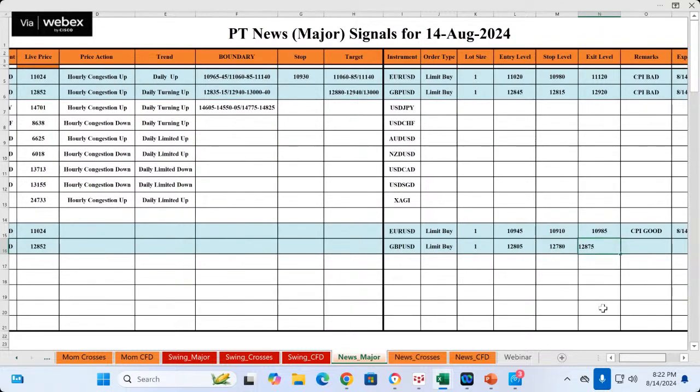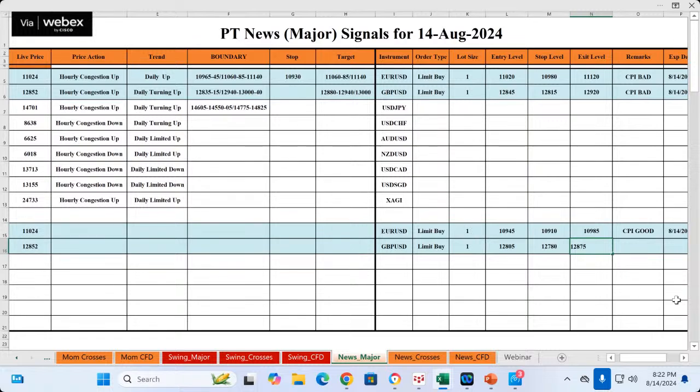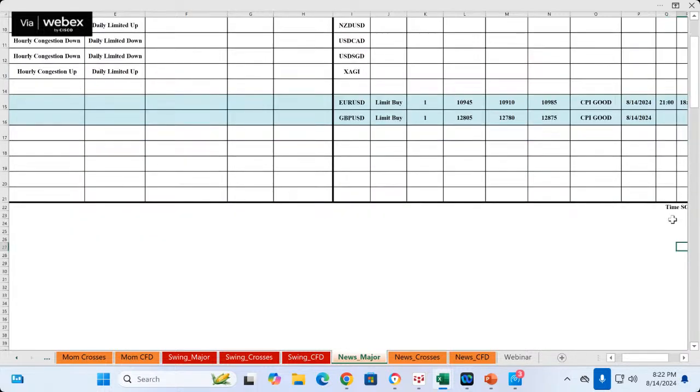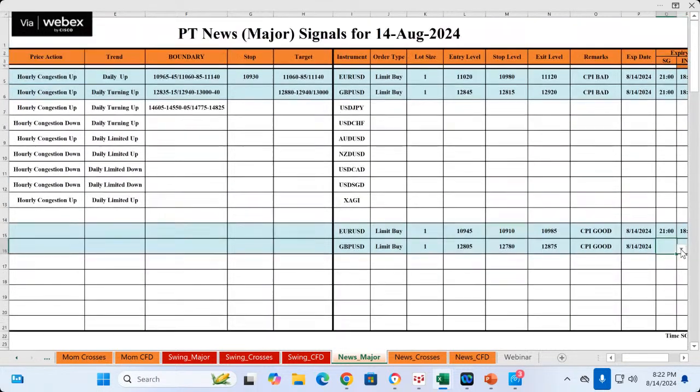This is for CPI is good, that means better than expected. Again, we put an expiry at the same time, 21 hours.